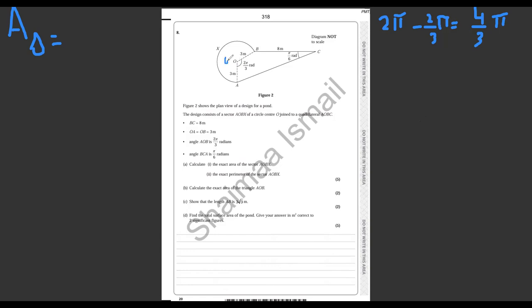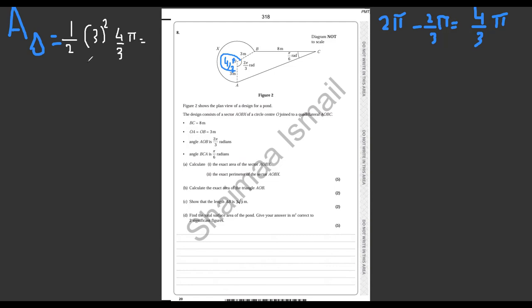Write it here, 4 over 3 pi. This angle for the sector. So here, area of the sector, we apply the rule directly, which says that we have half multiplied by r squared, which is 3 squared, multiplied by the angle in radians, 4 over 3 pi.